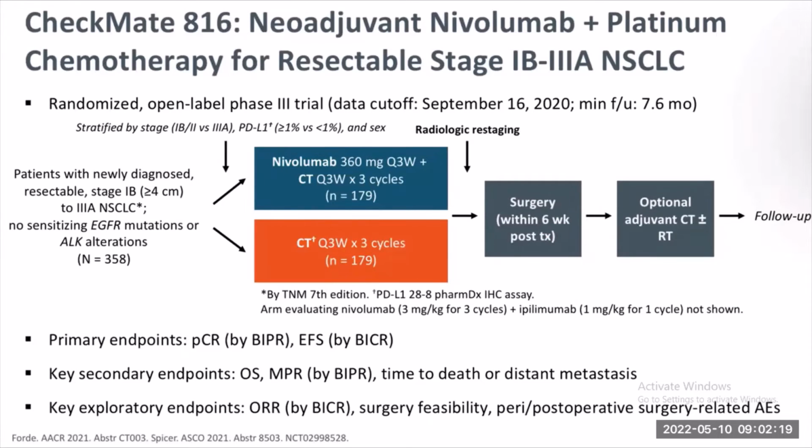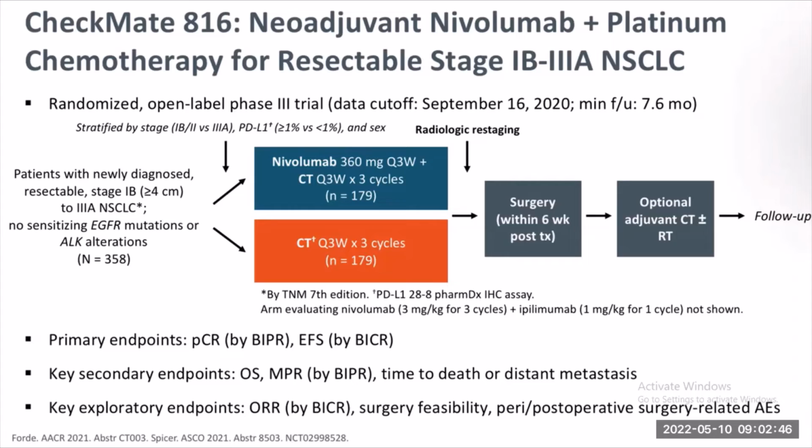CheckMate 816, where neoadjuvant nivolumab with platinum chemotherapy for resectable lung cancer stage 1B to 3A was used. It's a randomized phase 3 trial. Patients with newly diagnosed resectable stage 1B, more than or equal to 4 centimeter size, 2 to 3A non-small cell lung cancer were included.